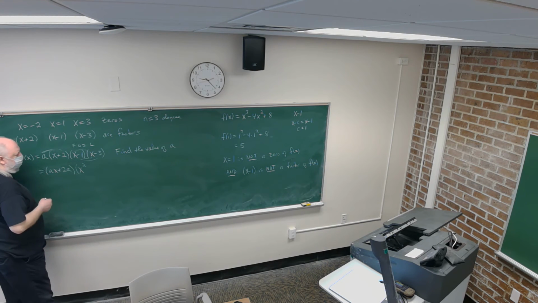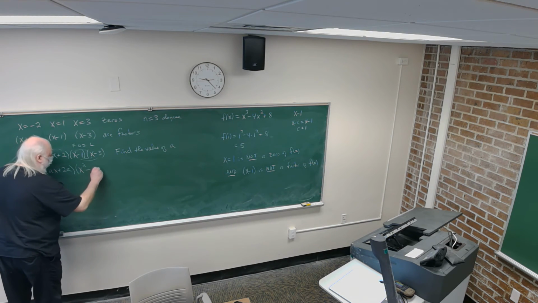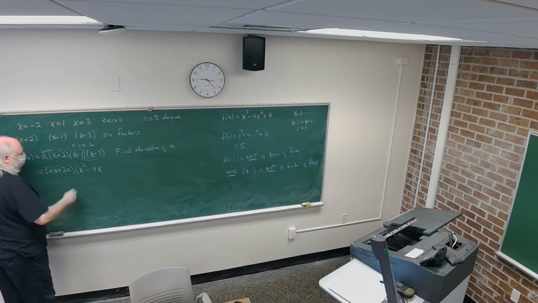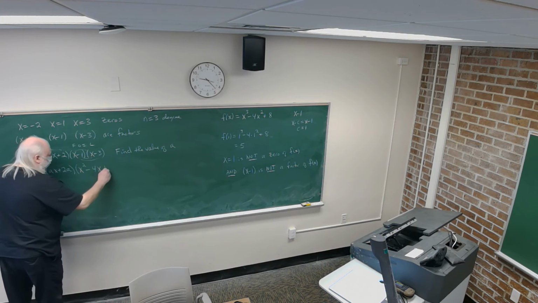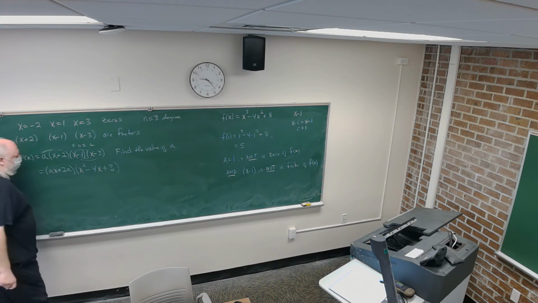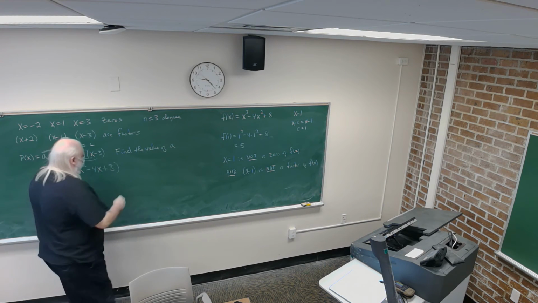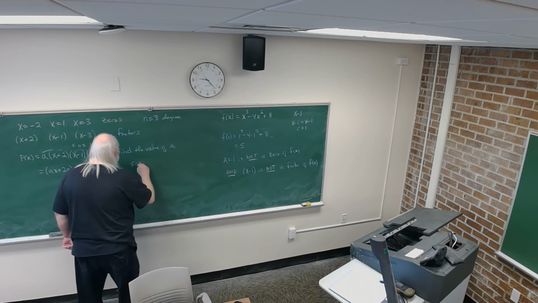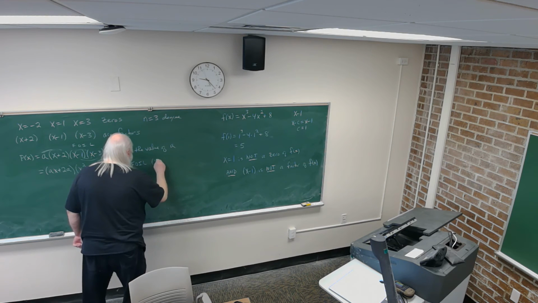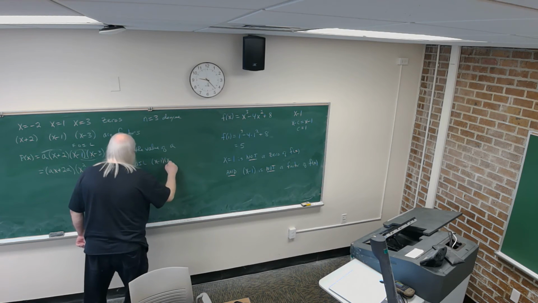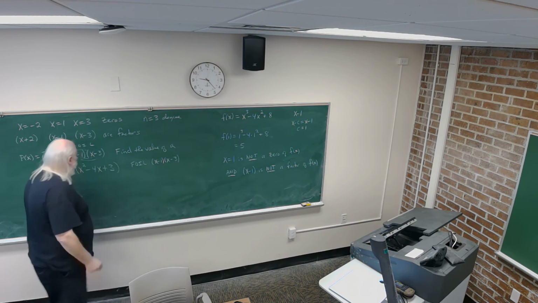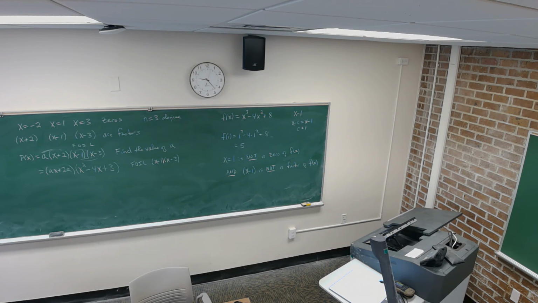The inner is minus x, so that comes to minus 4x. And then the last, minus 1 times minus 3, is plus 3. So I FOILed x minus 1 times x minus 3 and got x squared minus 4x plus 3.